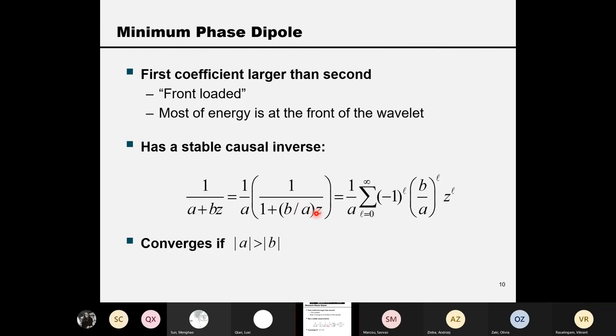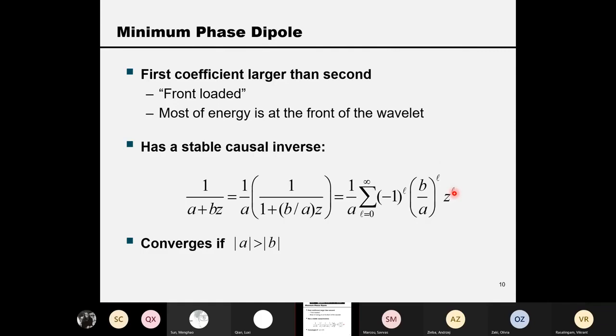Just talking about a positive x. You also learned 1 minus x. Again, x should be smaller than 1. So in general, for both cases, positive and negative, the absolute value or magnitude of B over A should be smaller than 1. Otherwise, you cannot do the Taylor expansion.